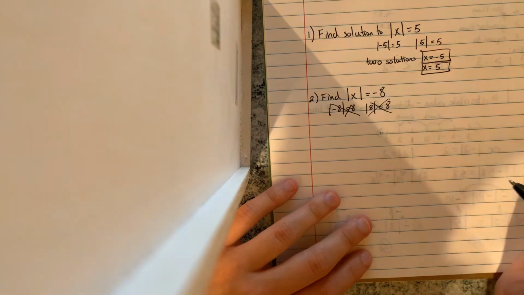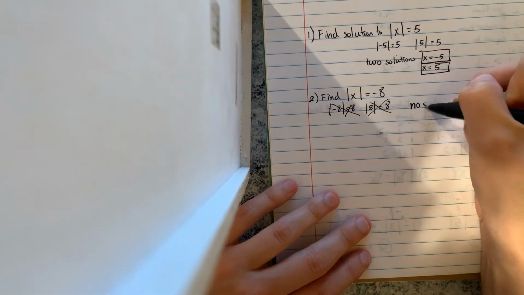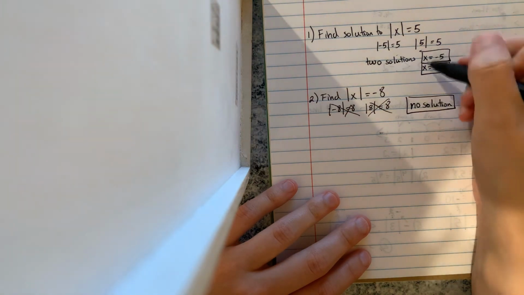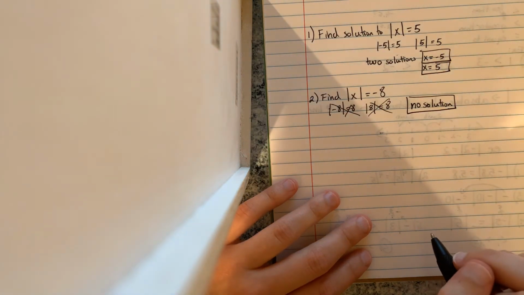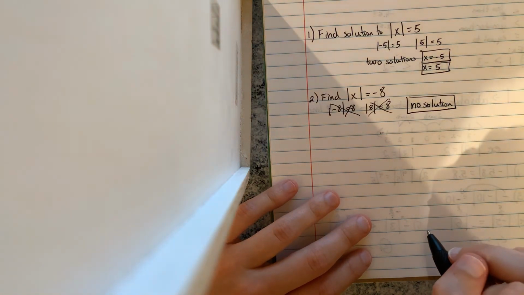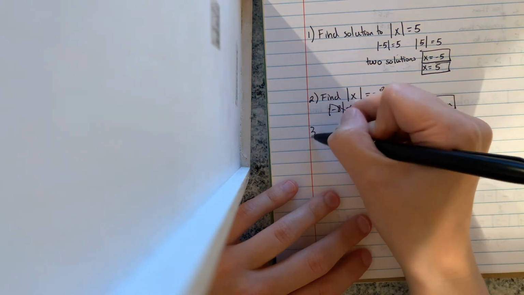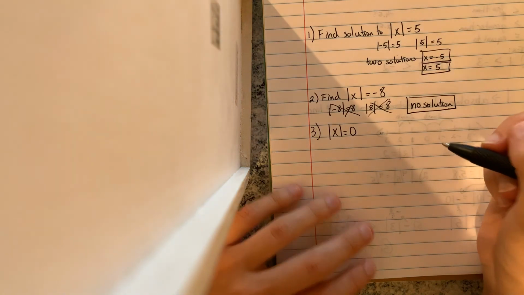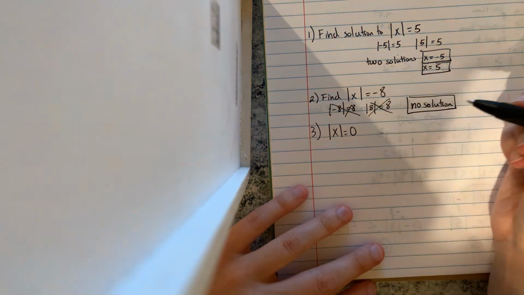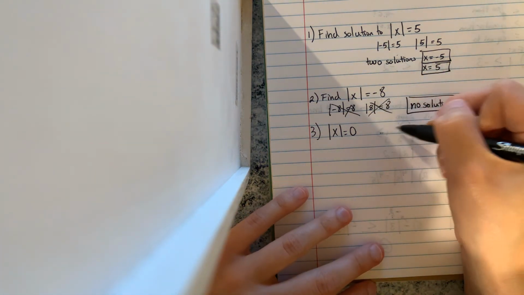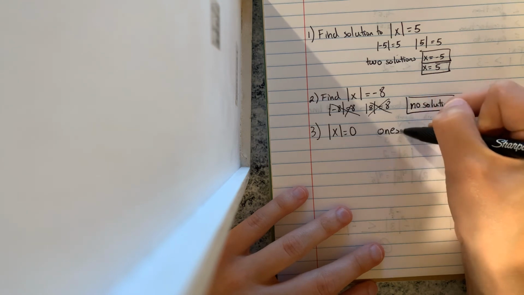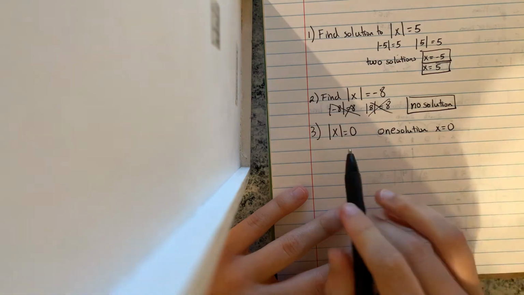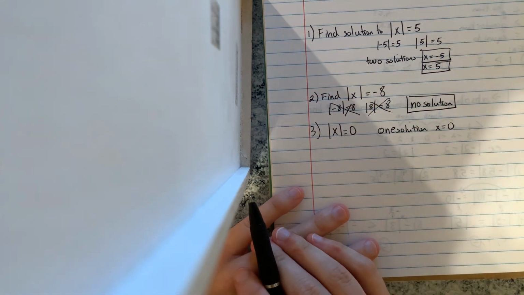So neither one of these are going to work out, meaning that there's no solution. That would be your only answer. You wouldn't have any boxes to fill in. And then if our absolute value of x is equal to 0, well, 0 can never be negative or positive. It's just 0, so you would just say there's one solution, and that only solution would be that x is equal to 0. 0 would be the only thing you can plug into there.